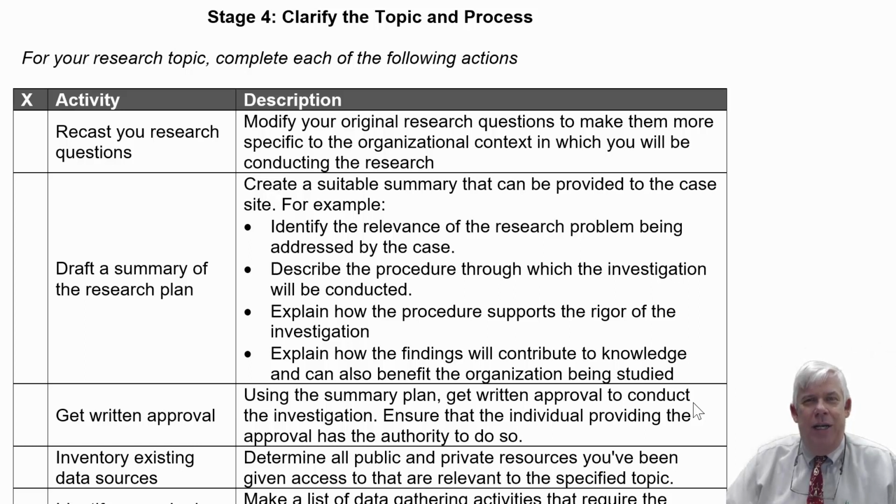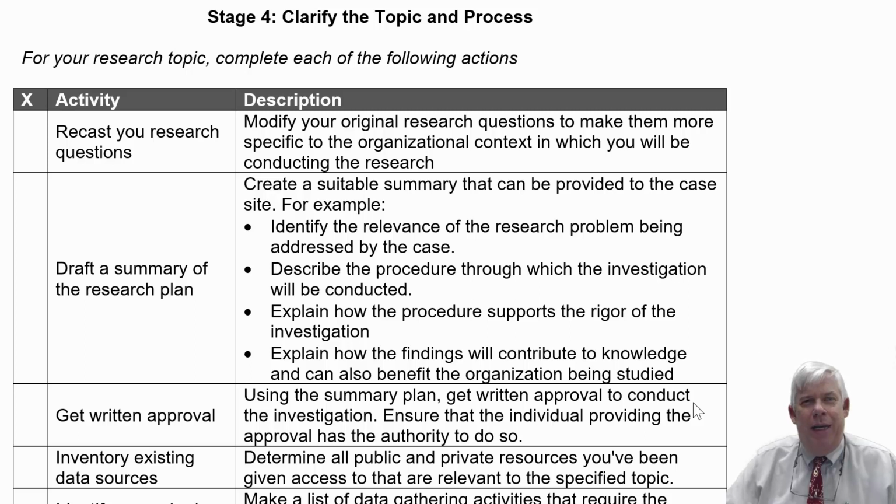If the organization is not willing to put its approval in writing, then there's absolutely no guarantee that the organization won't pull out in the middle, or worse, pull out at the very end after you've completed your research, made your recommendations to them, and then have them say, well, that's very good, but now we can't learn anything more from you, so I think we will stop the process right here.